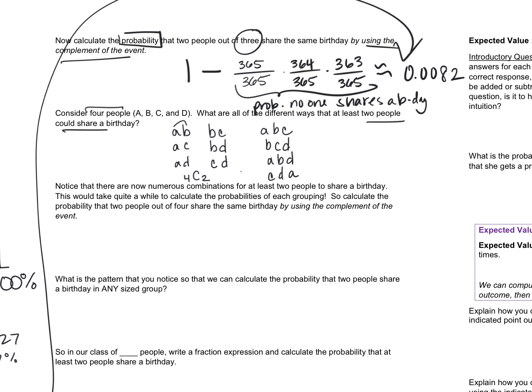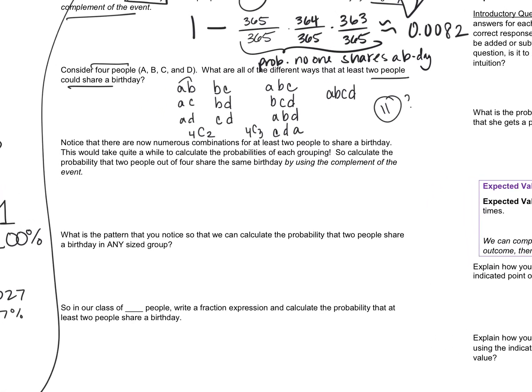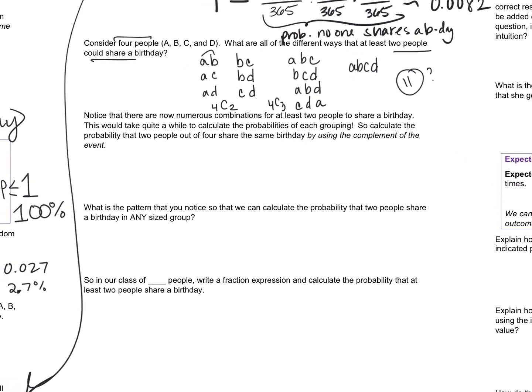And then this next one is 4 choose 3. And lastly, we could have all 4 of them sharing the same exact birthday, A, B, C, D. So right now, I think there are 11 different things that could happen, and it could take a lot to calculate each of those little groupings.